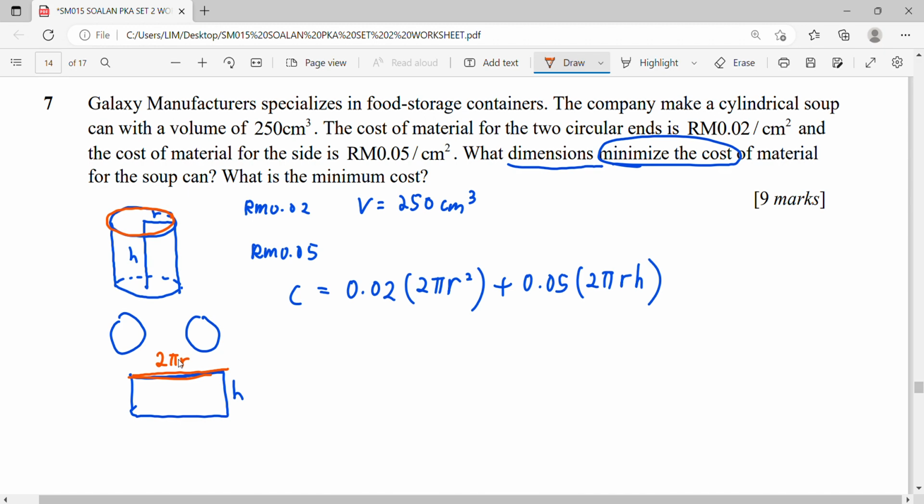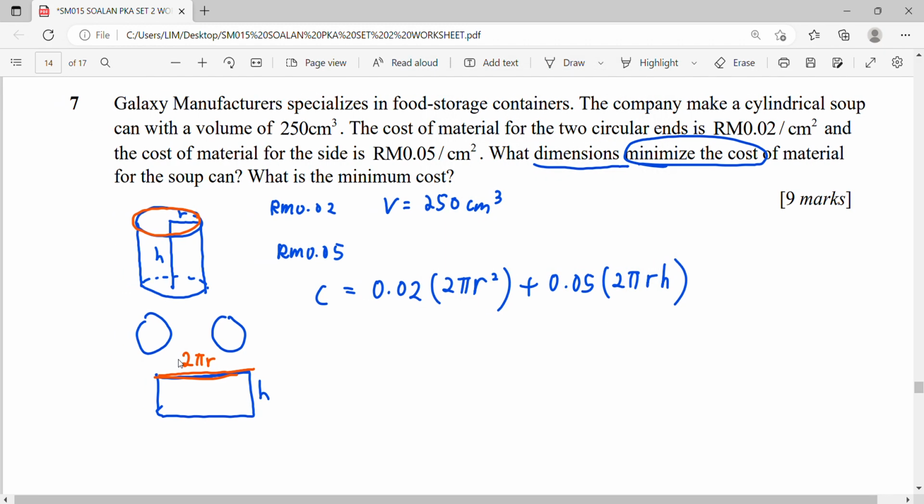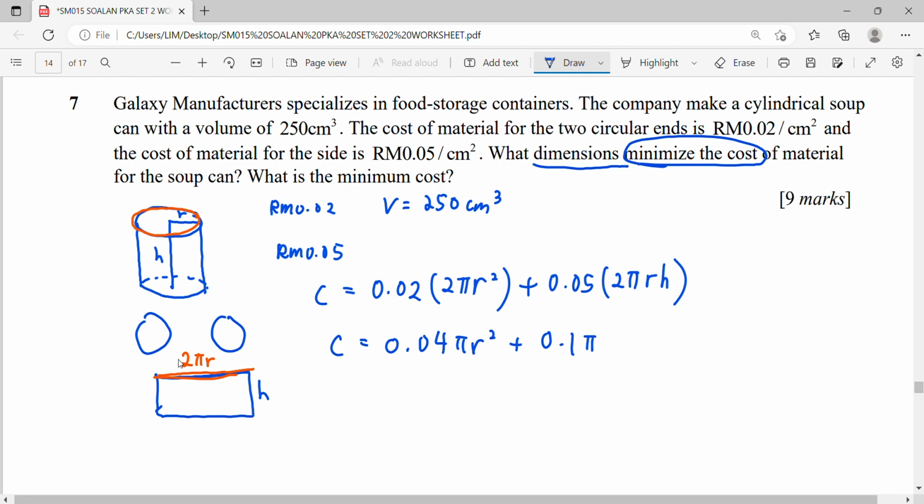Length times width gives 2 pi r h, at the cost of 5 cents. So look at the cost formula here. We simplify, and your cost is 0.04 pi r squared plus 0.1 pi r h.